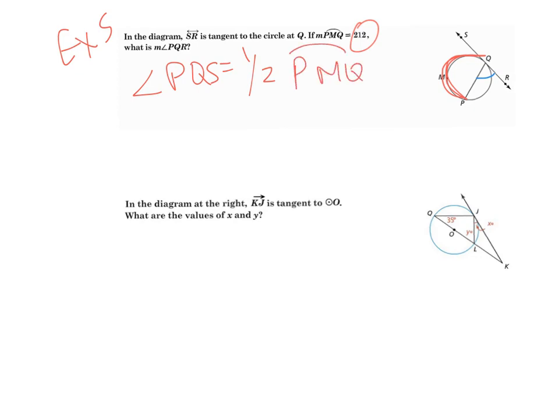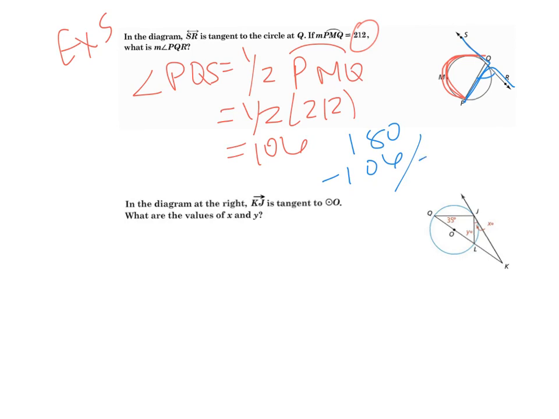And arc PMQ is 212, so this is equal to half of 212. Now, recognize in the picture that PQS and PQR are supplementary because they form a straight angle. So all we have to do now is subtract 106 from 180, and that's our answer for the question.